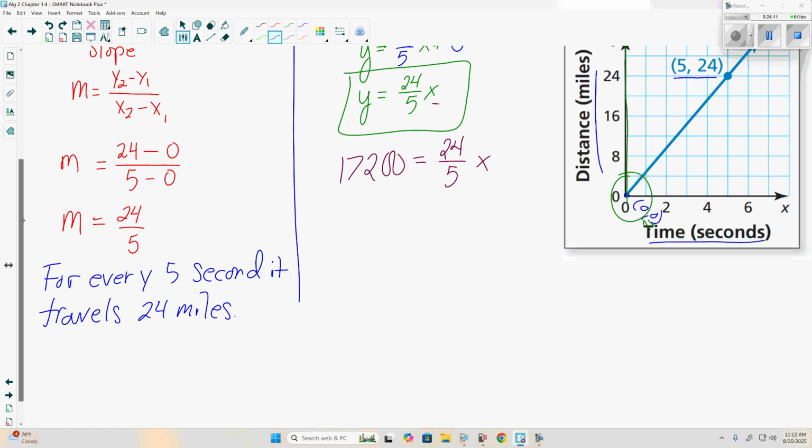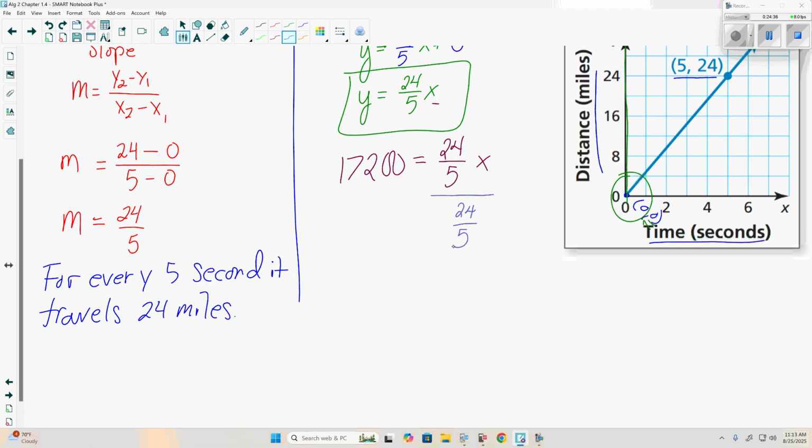Questions on how we set this problem up? So we're solving for X, yes? What do we need to do to get X by itself? We need to divide it by what? The number. Because we need to get that number away from X. 24 over 5 divided by 24 over 5.